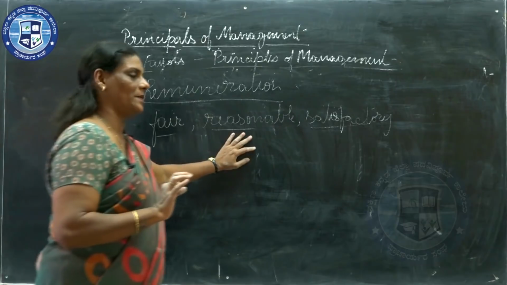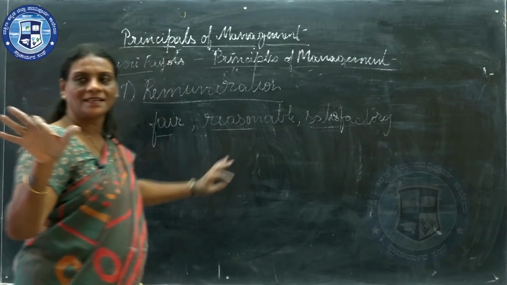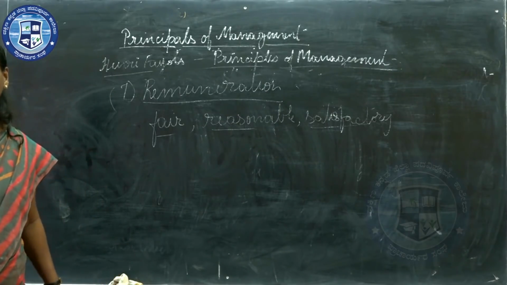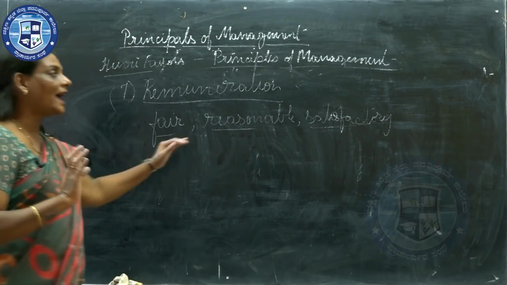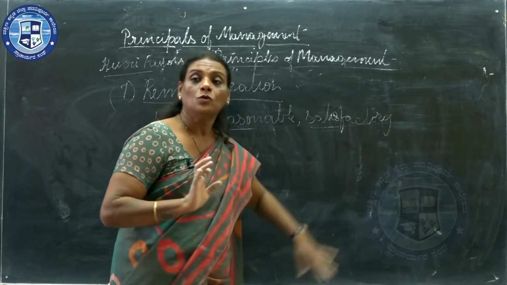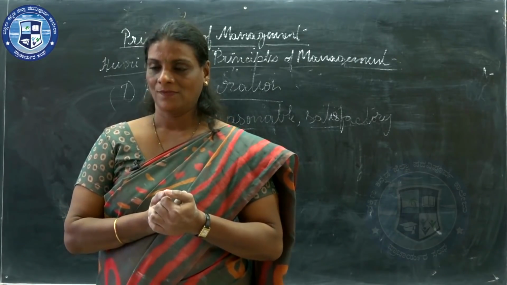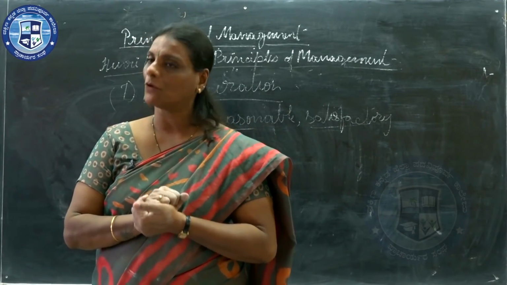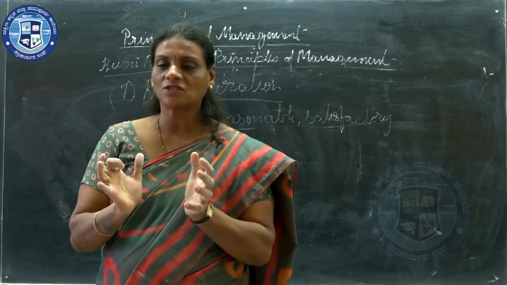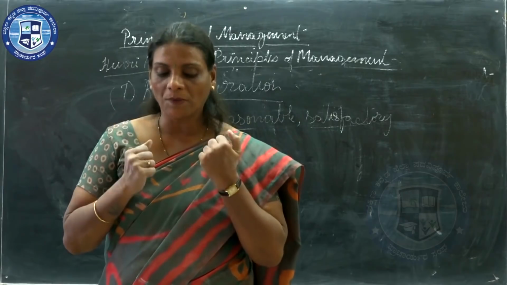Is it reasonable to meet his present personal expenses, and is he satisfied? This is most important. You have to be satisfied if you have to give your best. If you are not satisfied with the remuneration, your mindset will be such that you will not be giving your best. Something will be stopping you.